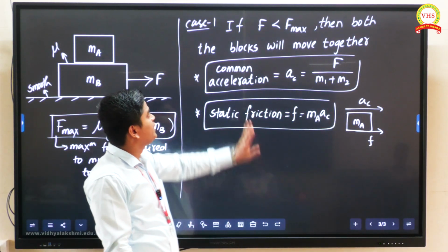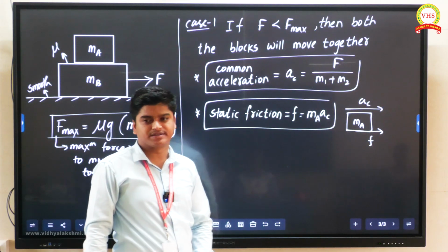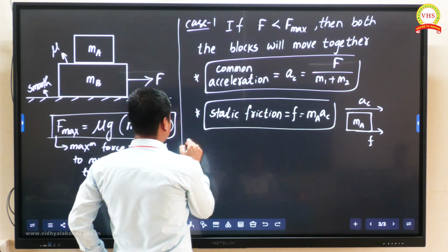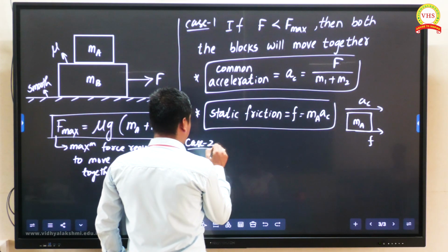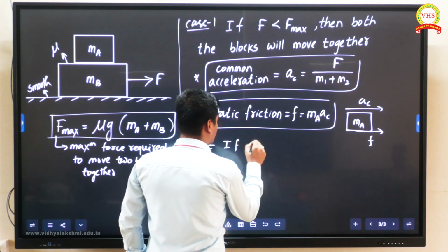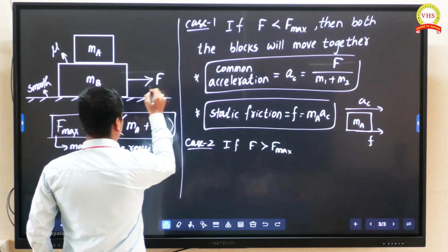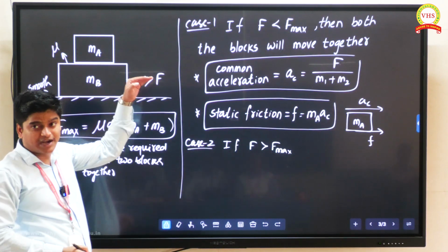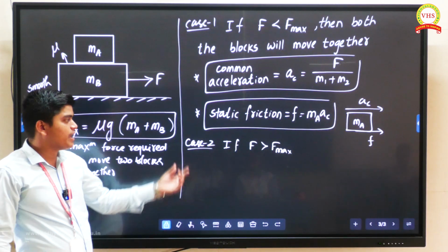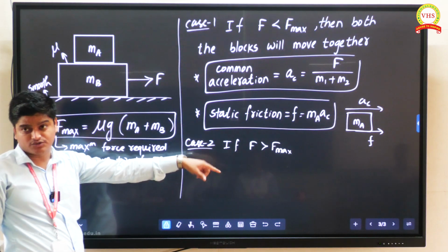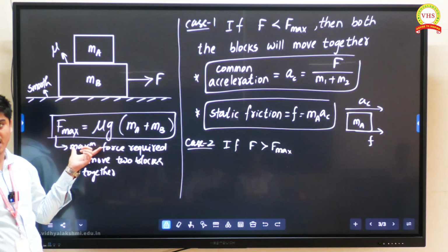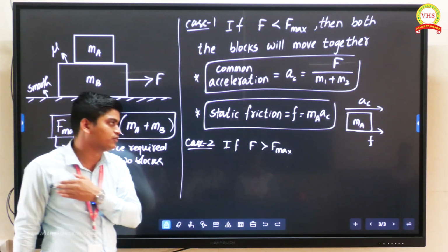Now the next thing. If F is becoming greater than F max, that means your applied force, the applied force on the lower block, again and again I am telling, is greater than F max. What is F max? Here you have to find it with this formula. Already we have derived it in the last video.